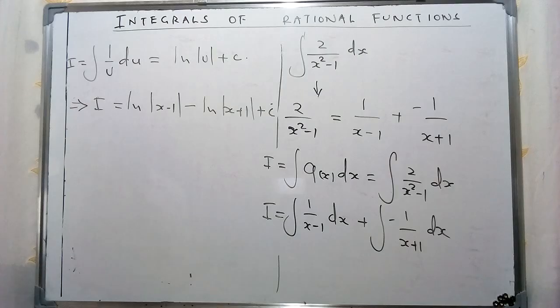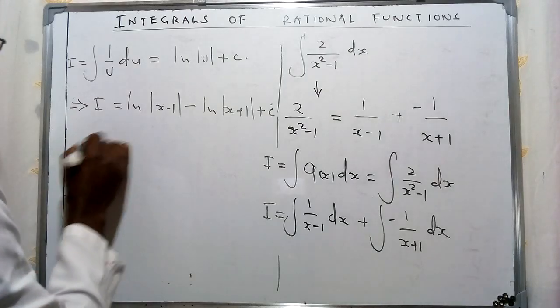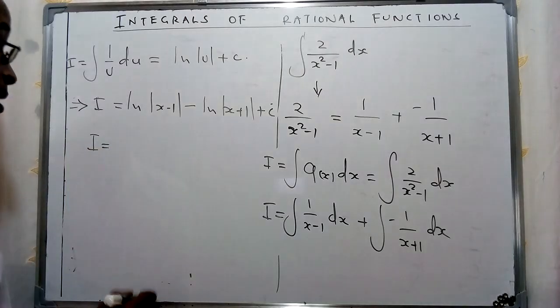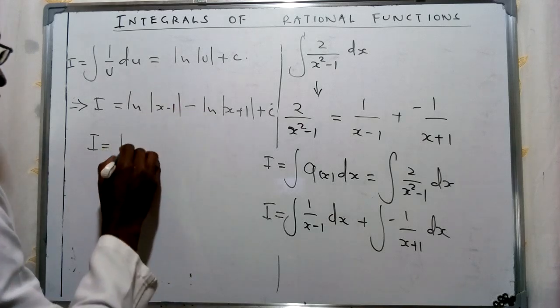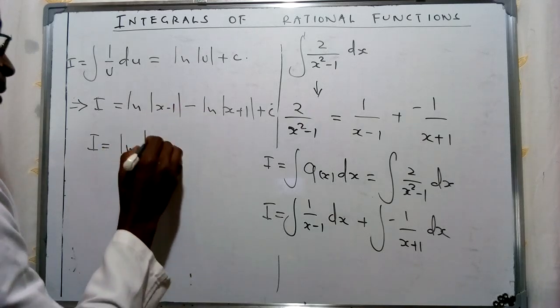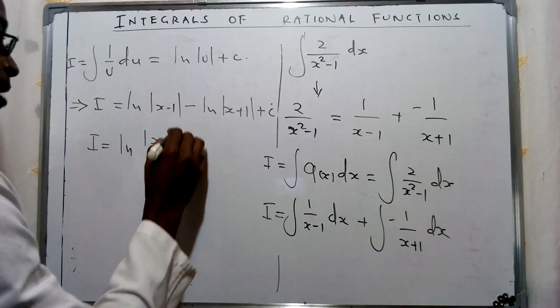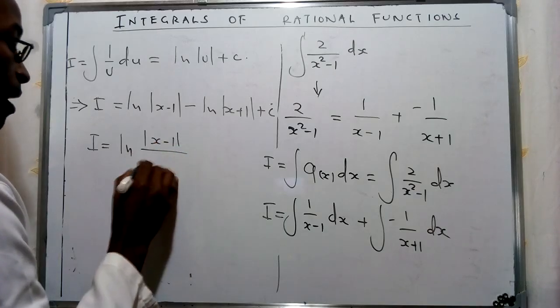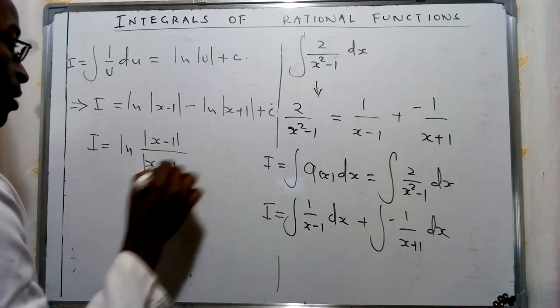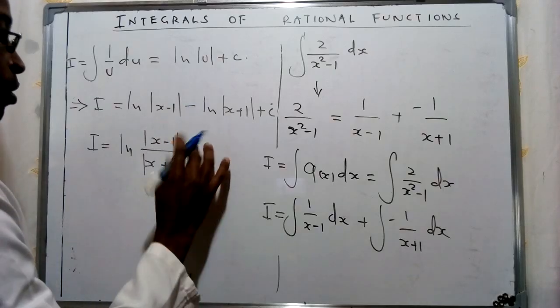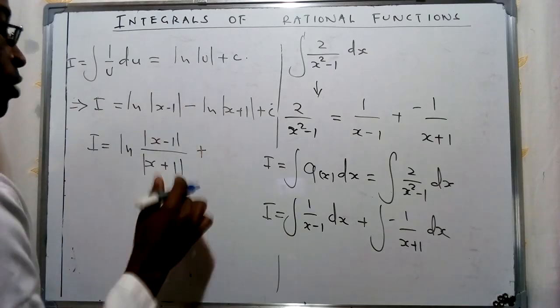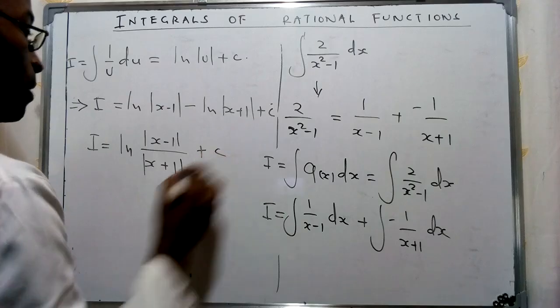And this can be expressed using the laws of logarithms. For a minus, we are going to have a division, and therefore this is going to be the natural log of the function x minus 1 all over x plus 1. So in case we have a subtraction, we do a division. In case we have an addition, we do a multiplication.